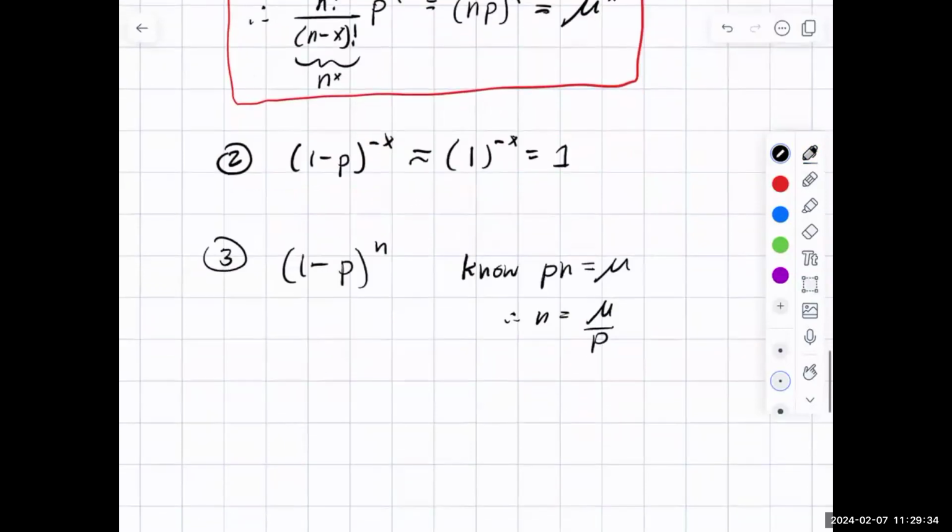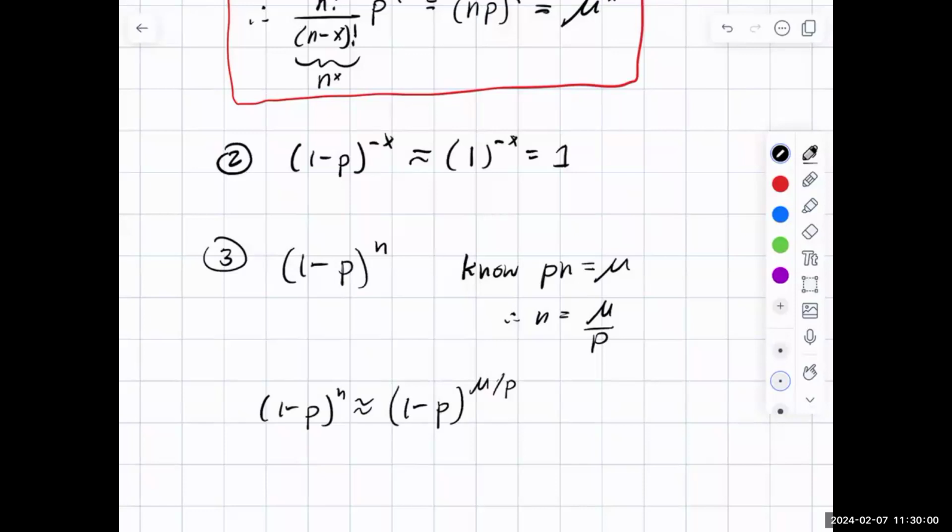So 1 minus p to the n is approximately equal to 1 minus p to the mu over p. Now, what you might say is, well, hold on, what are you doing here? We just said 1 minus p is approximately equal to 1. So why aren't we doing the same thing here?